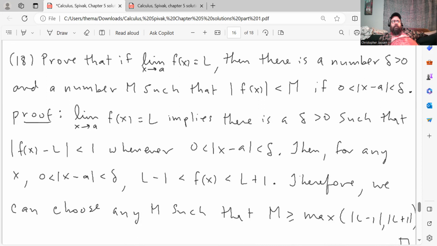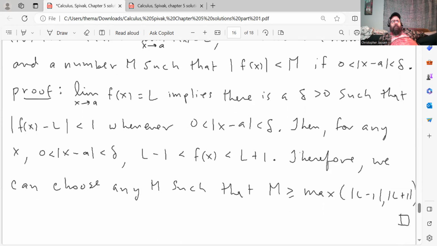So assume that the limit of f of x as x goes to a is L. That implies that there's a delta greater than 0 such that absolute value f of x minus L is less than, for example, 1 when 0 is less than absolute value x minus a less than delta.